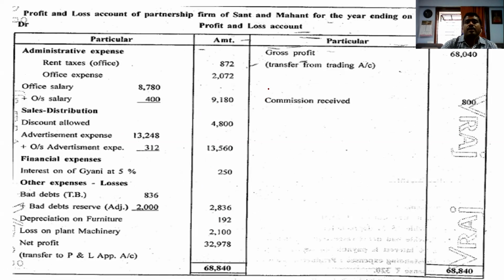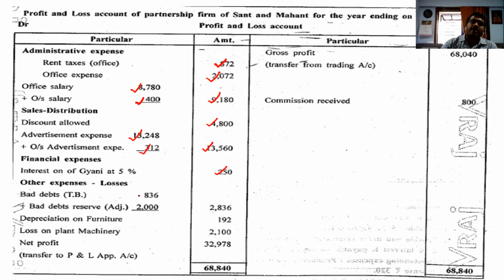Next, rent and taxes, office expenses, office salary. There is outstanding, that we get from adjustment, plus outstanding salary. Sales and distribution, discount allowed, advertisement expense plus outstanding 312. Interest on loan, remember that, 250.